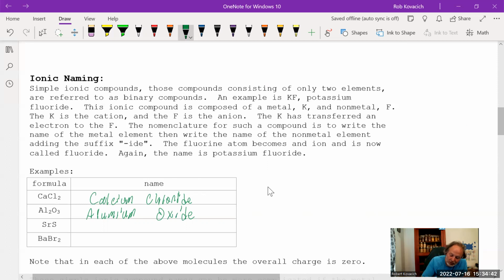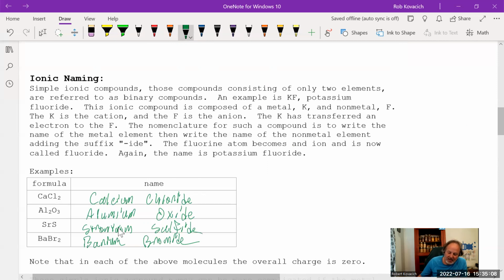So the next one is strontium sulfide. And then my last one here is barium bromide. That's it. So I got these negative charges with these -ide endings.